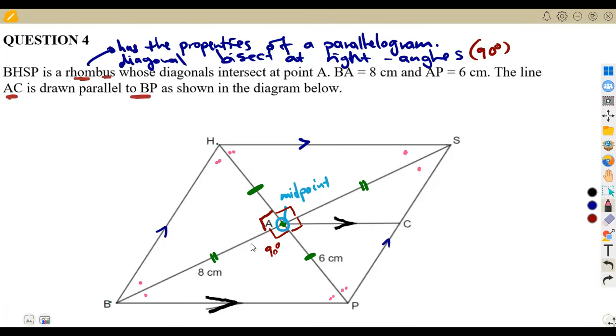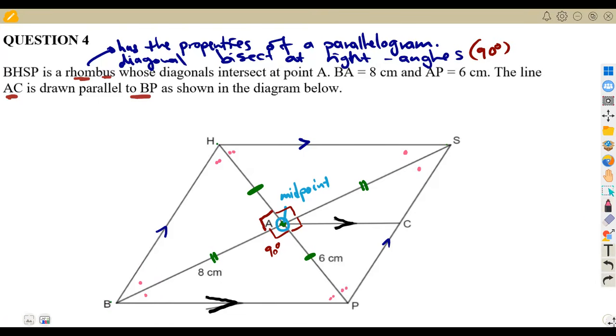And remember I said, this rhombus has the properties of a parallelogram, meaning the opposite angles, angle H and angle P, are equal. The angle B and the angle S are also equal. The whole of angle S and the whole of angle B are equal.